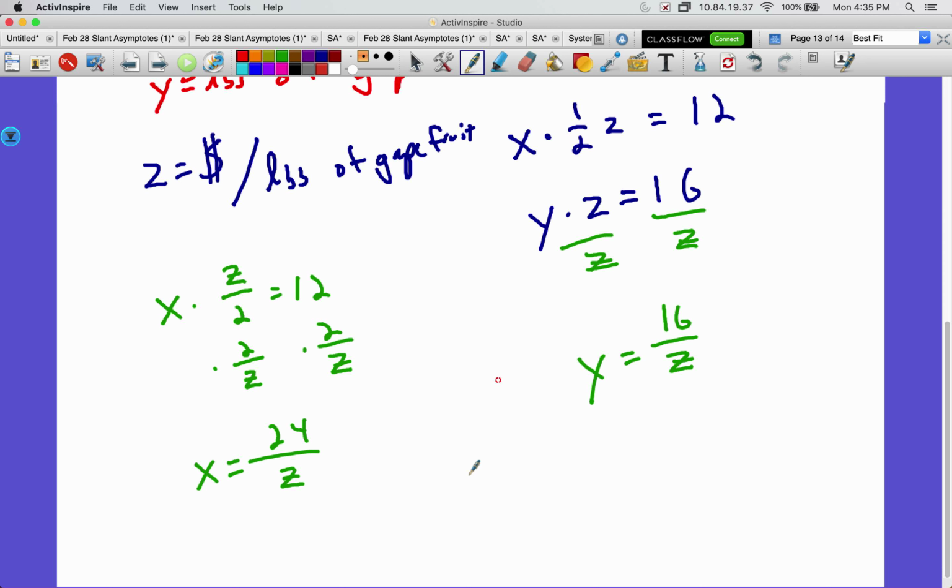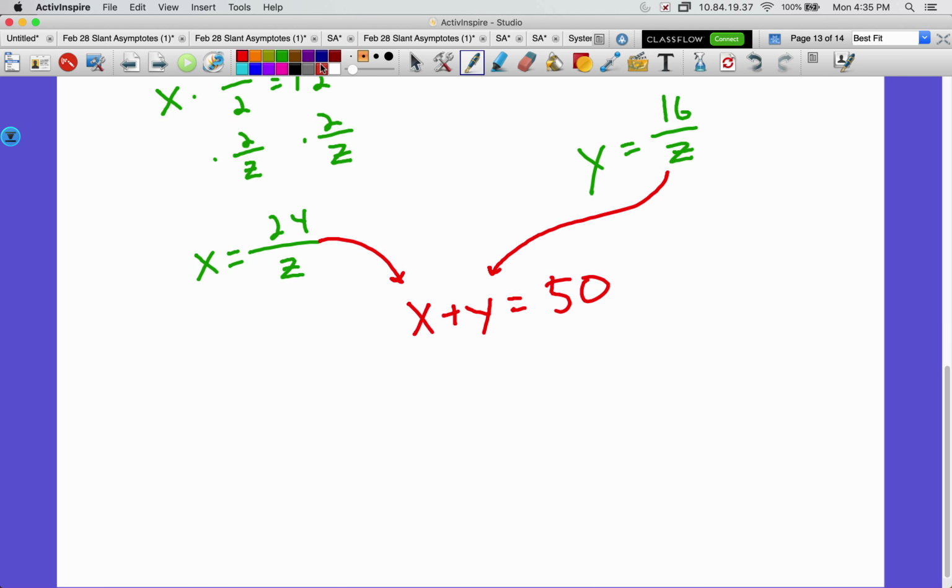All right, now I'm going to plug those both into the equation X plus Y equals 50. 24 over Z plus 16 over Z equals 50. Common denominator, can add the tops.